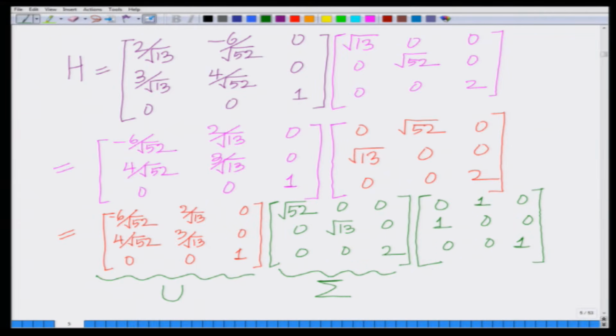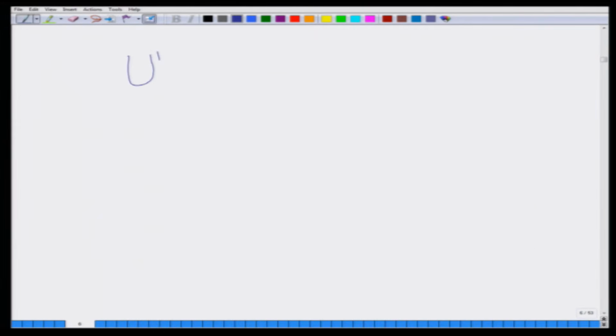Now, you can verify this, the matrices U, sigma and V satisfy the properties.